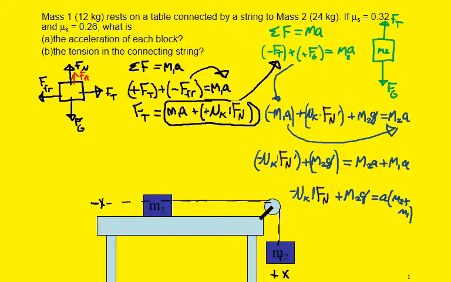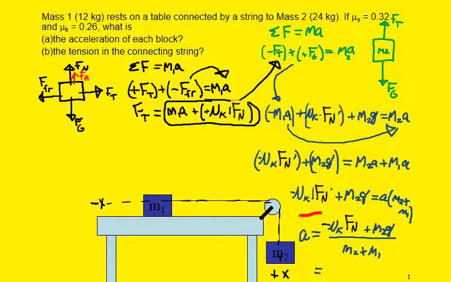In this case, we can just leave it in terms of normal force if we want to, and that'll be helpful for us. And so what we can do is just go ahead and plug in what the normal force value is here and determine the acceleration.